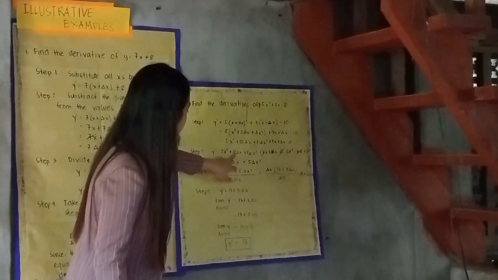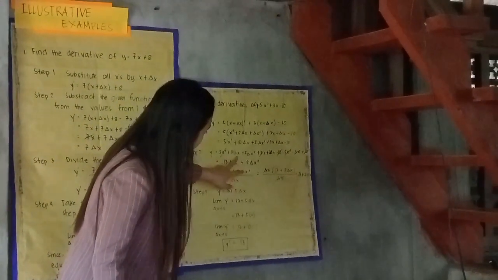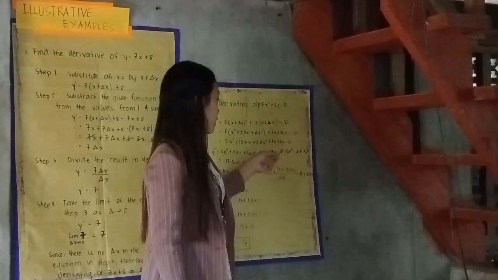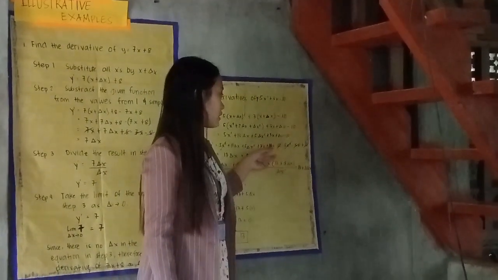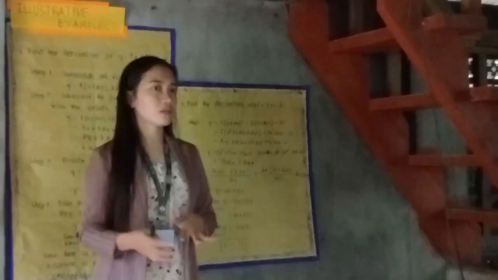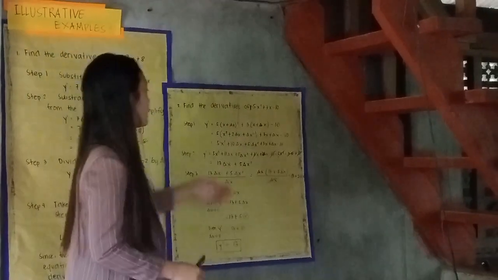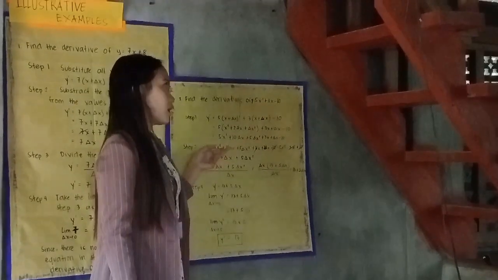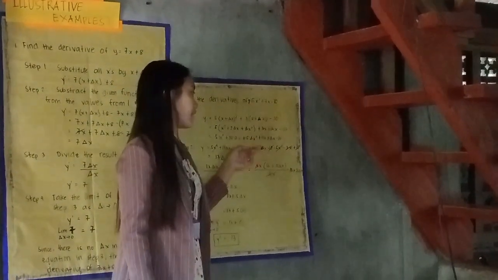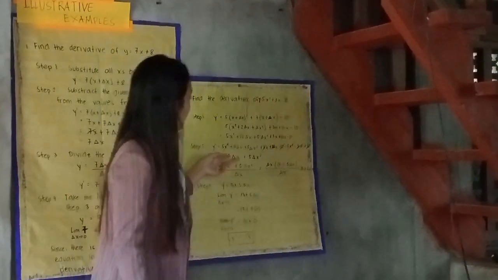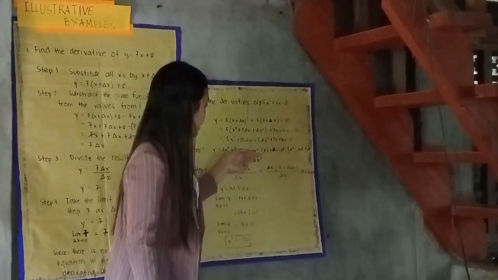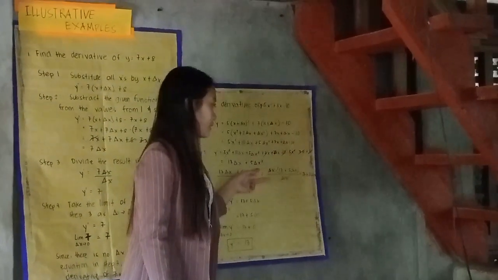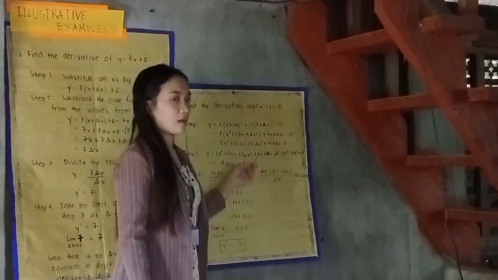Since the 10x delta x and 3 delta x are like terms, we can simplify them. Since they have like signs, we add them. So it becomes 13 delta x, then copy the 5 delta x squared since it is alone.